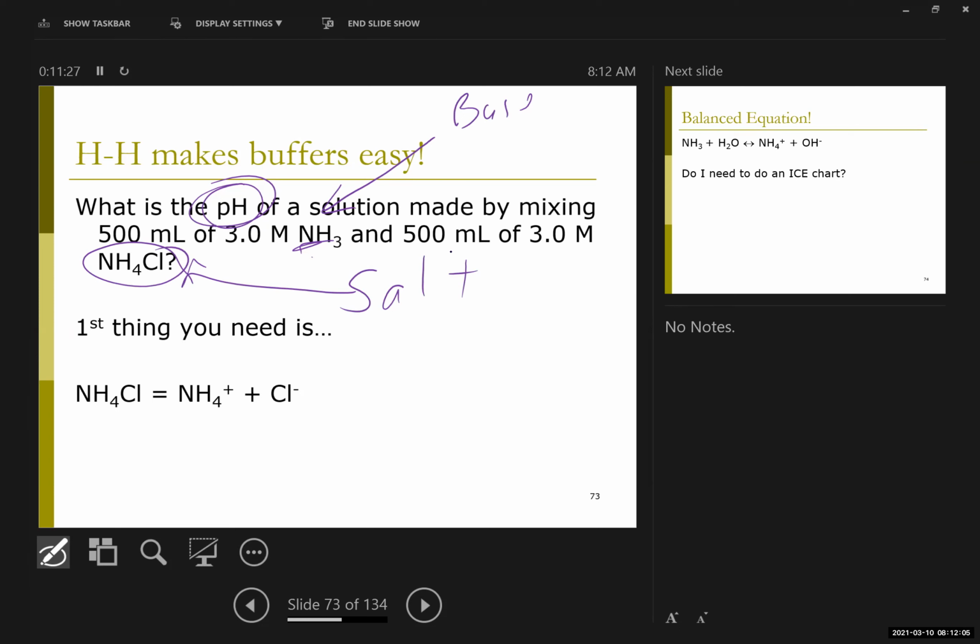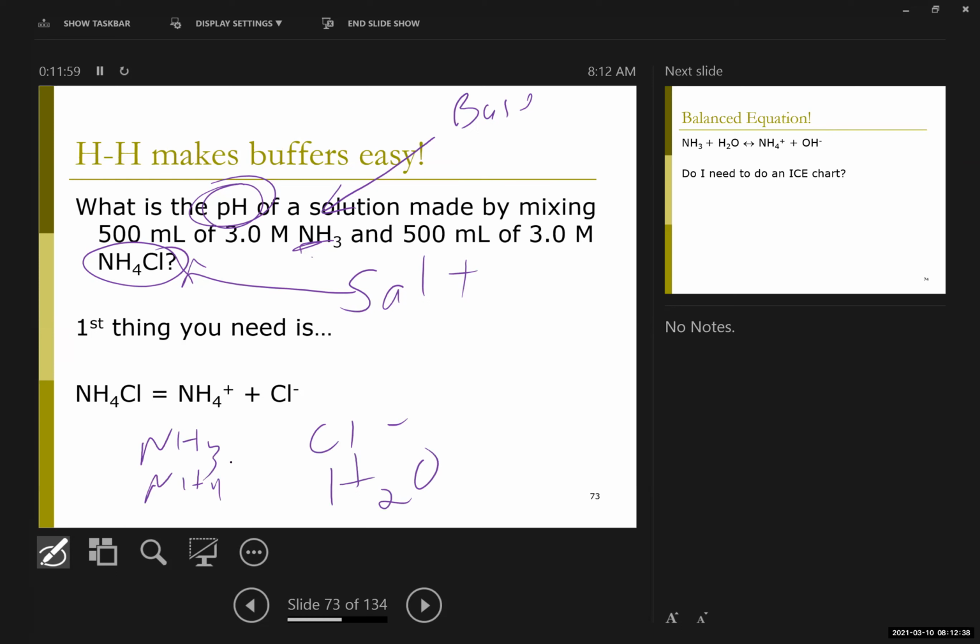I have ammonia and ammonium and chloride and water, the always important but generally somewhat hidden water in these problems because, again, it's solutions of ammonia and solutions of ammonium chloride, so the water is there.